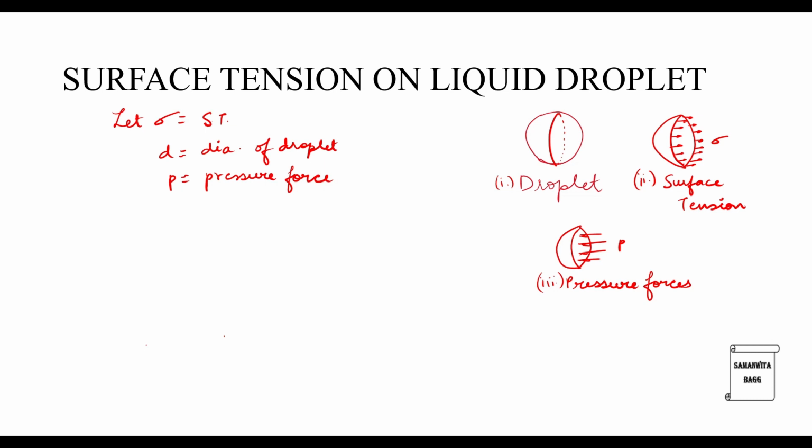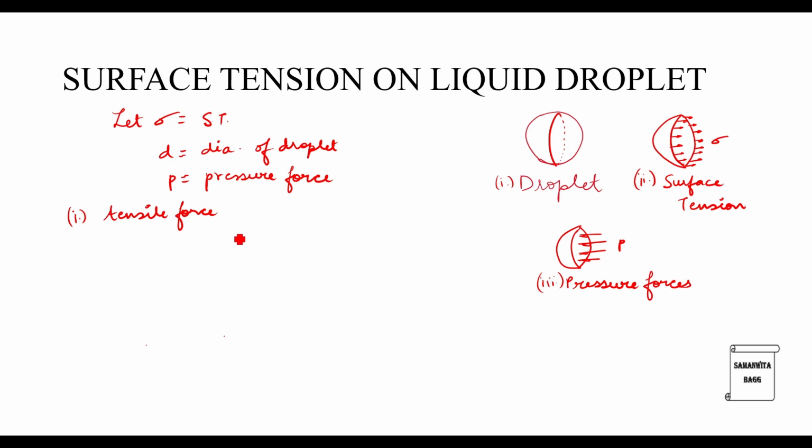So these are the three terms that we are going to require. So suppose if I talk about the forces which are acting on half of this droplet, the first force which is acting will be the tensile force due to the surface tension, which will be acting around the circumference of the droplet.